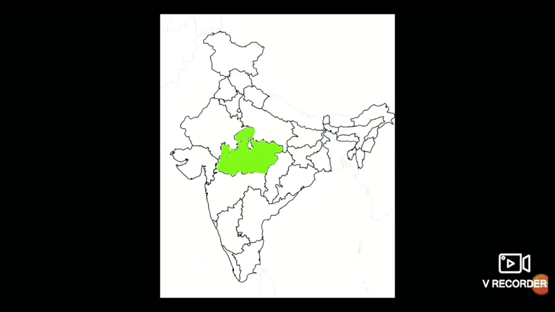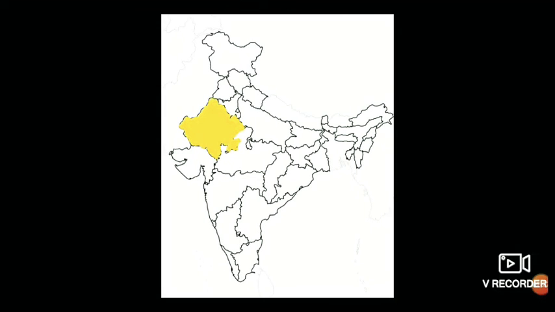After this, thorn and scrub forest. Thorn and scrub forest is present in the dry areas of the country. Rajasthan and Gujarat are the dry areas where the desert is there.